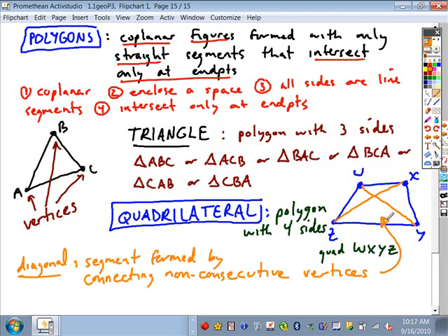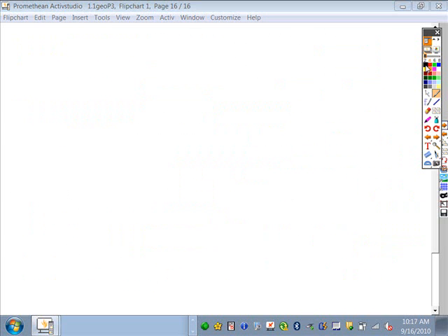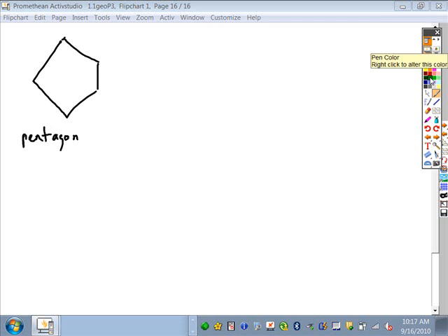If we went to some of the classification of polygons that go beyond quadrilateral, so let's say 5. A 5-sided polygon is called a pentagon. And if we were to sketch in all the diagonals of the pentagon, there would be 2 non-consecutive points for every point. And so we'd have 2 diagonals extending from each vertex.